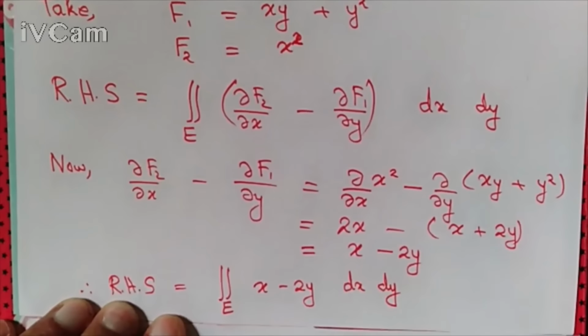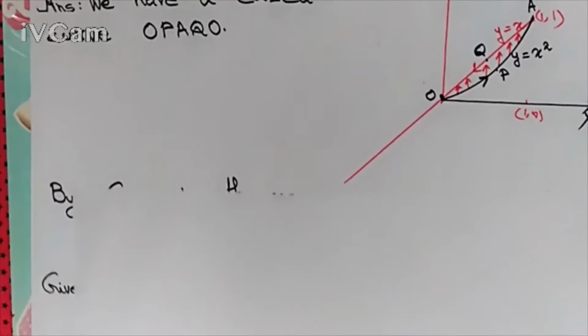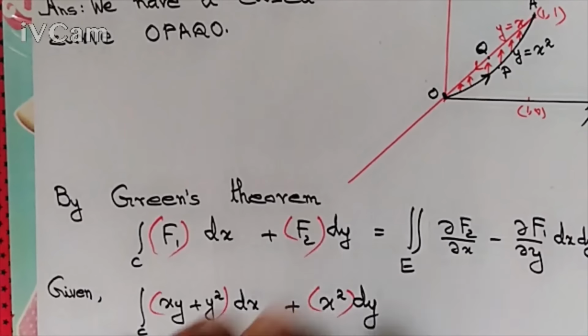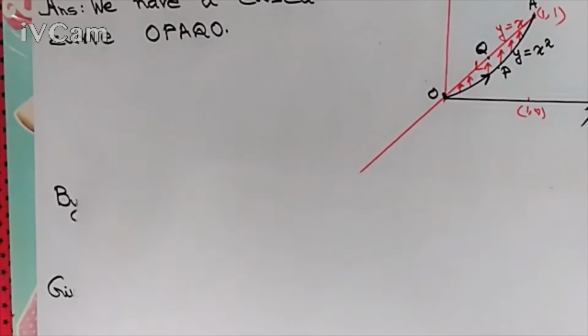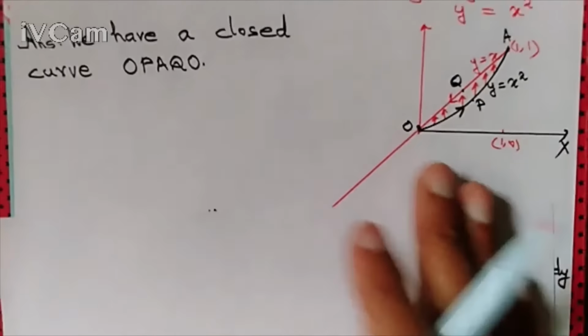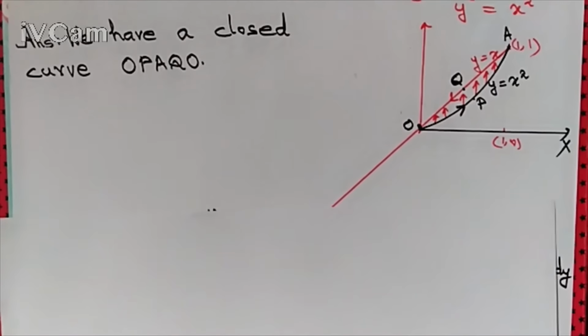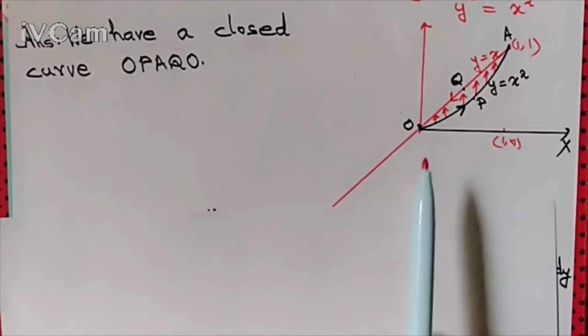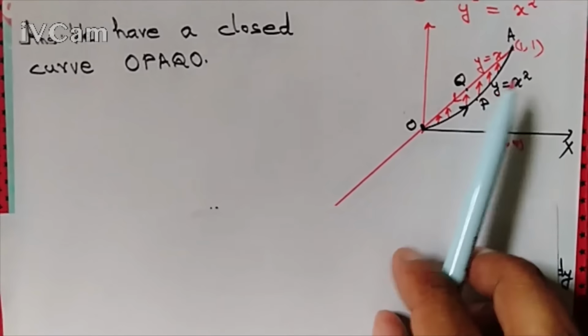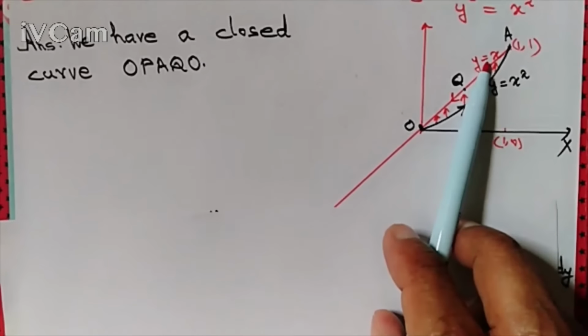Now if we look at this curve, if we look at the region, then we just need to change y from y equal to x square to y equal to x, and then x from 0 to 1.